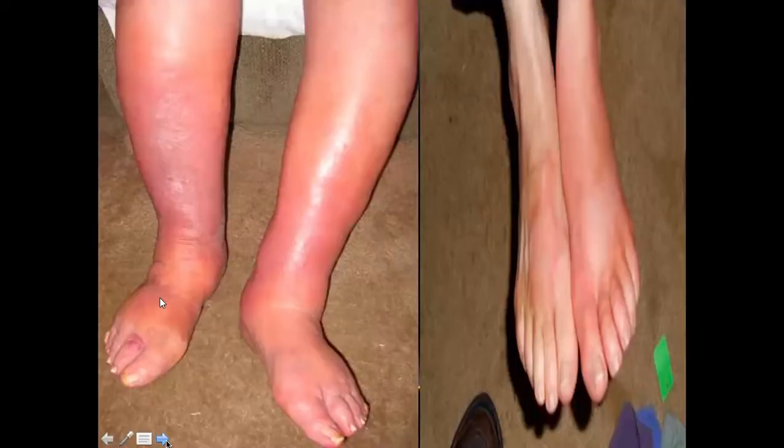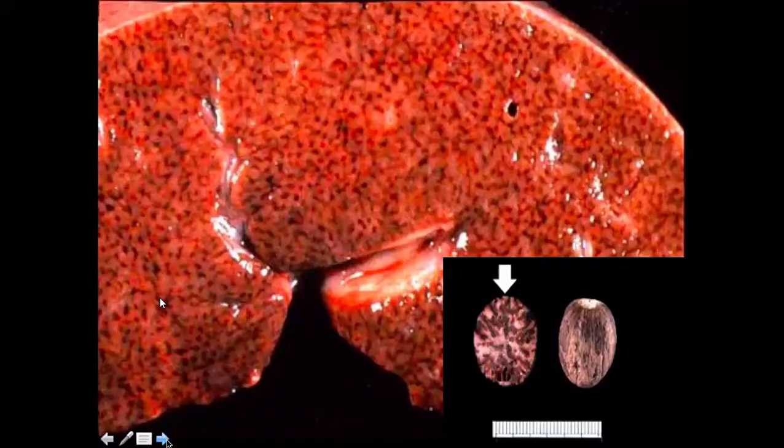So of course there are many causes of lower extremity edemas, but you have to check kung may right-sided heart failure ang pasyente. And this is the compensation sa liver na nangyayari. It's called nutmeg liver. So we'll discuss that later when we go to the congestion.